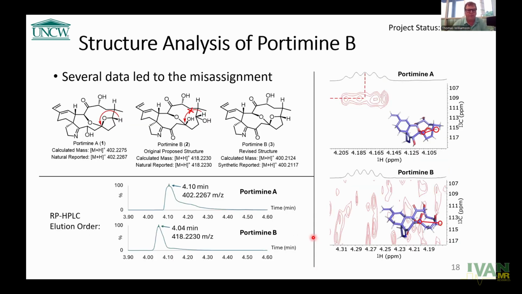Although it was clear that the original structure of portamine B was incorrect, which was originally reported as this open ring system here, where you can see this tetrahydrofuran ring had opened up, he had revised that structure just based on the synthetic work, but hadn't really considered how the structure was misassigned or gone back and done any type of adjudication to figure out what happened and get to the bottom of the mystery.